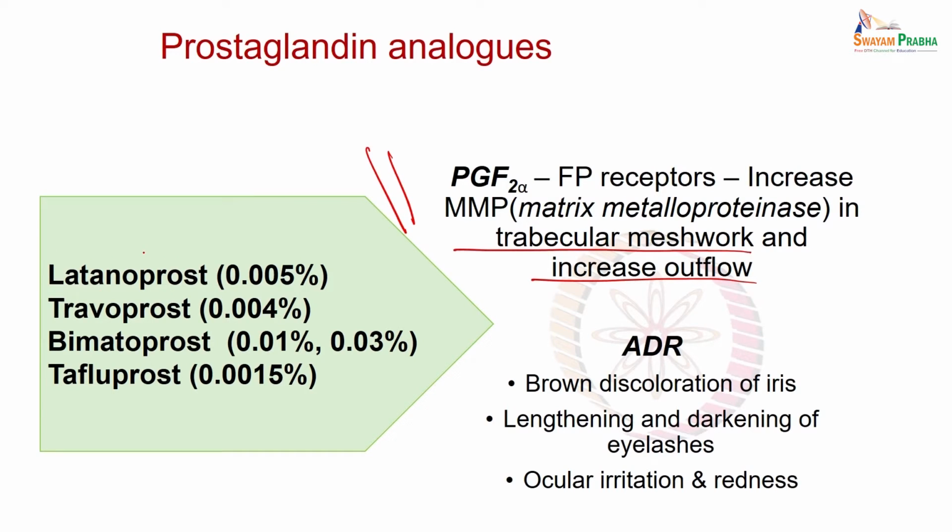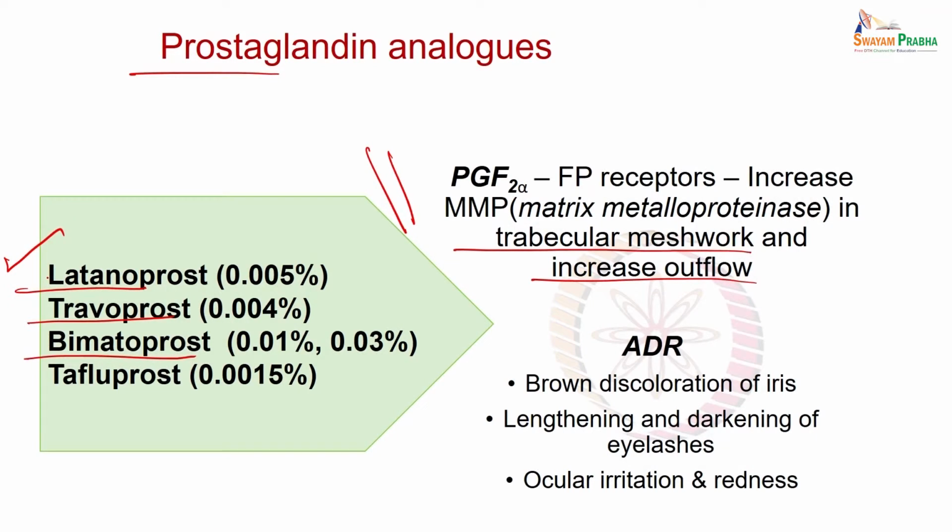The drugs used under this category of prostaglandin analogues are latanoprost, travoprost, bimatoprost and tafluprost, of which latanoprost is nowadays more commonly used.